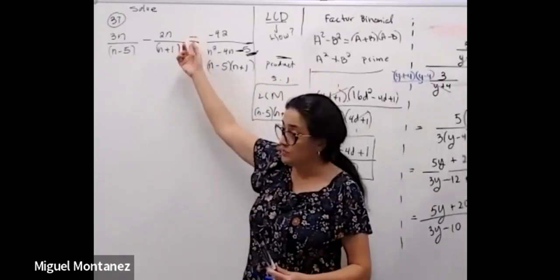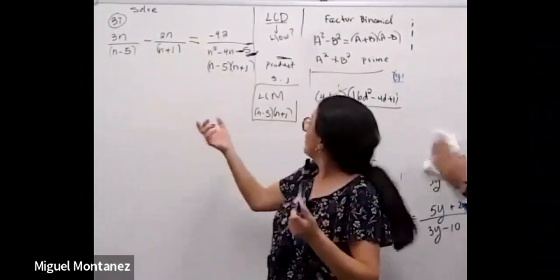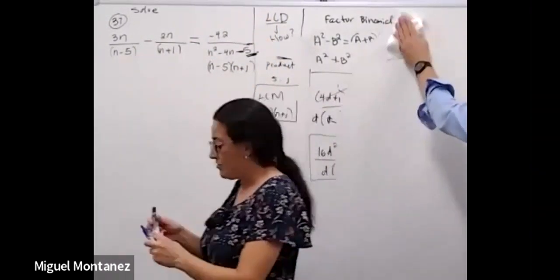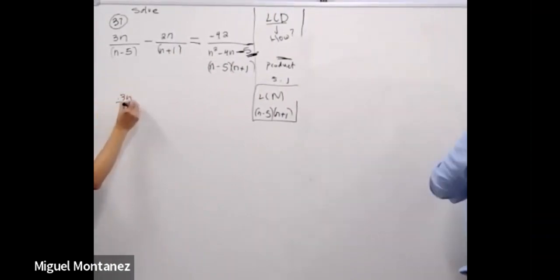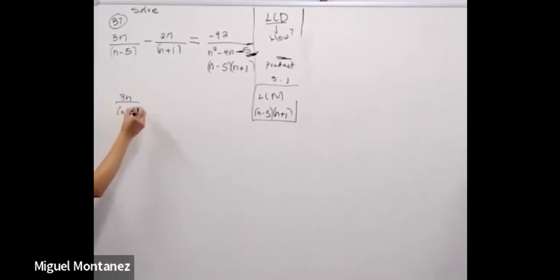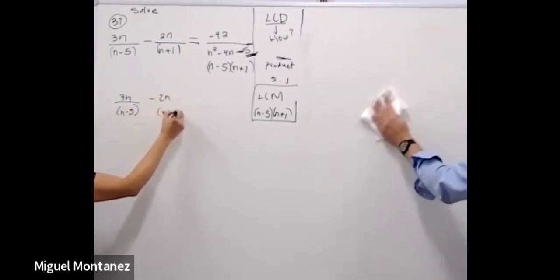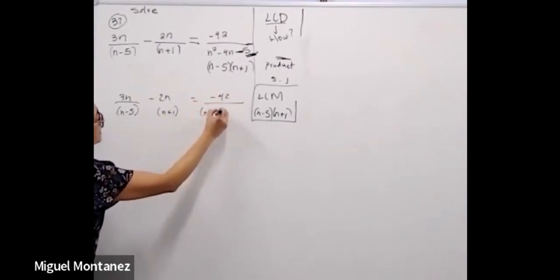Since this is an equation, whatever we do on the right, we can do on the left. We can multiply by this amount on both sides, right? So I have 3n over n minus 5, I have 2n over n plus 1, and I have a 42. I'm just copying this again.